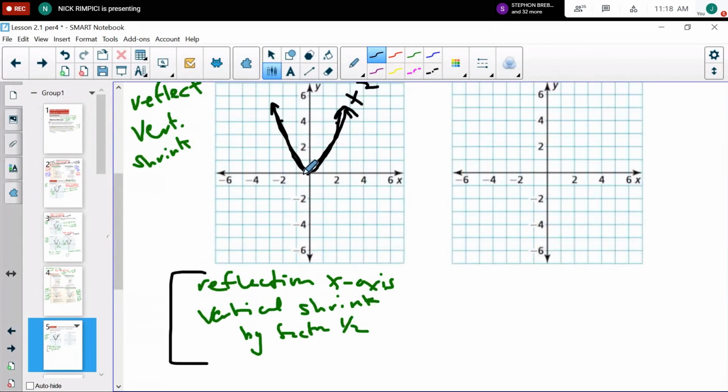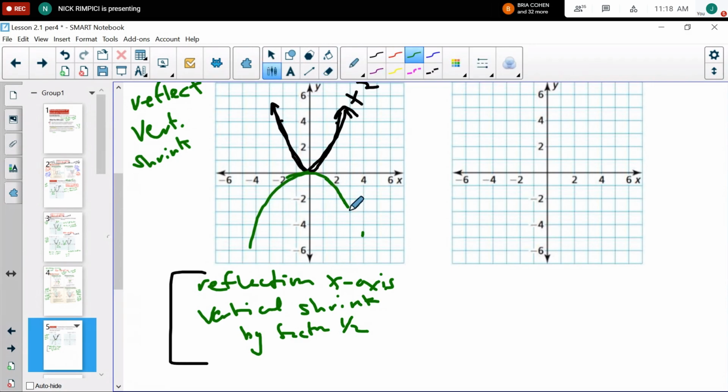The new graph should be a little wider. I don't want to use black ink because I use that for my parent function. So the new function should be wider, and it's going this way, right? This is obviously not to scale. I made it way too wide. Let me just make it a little less wild like that. Shouldn't be that wide.